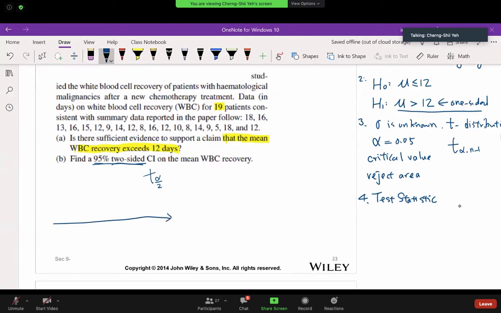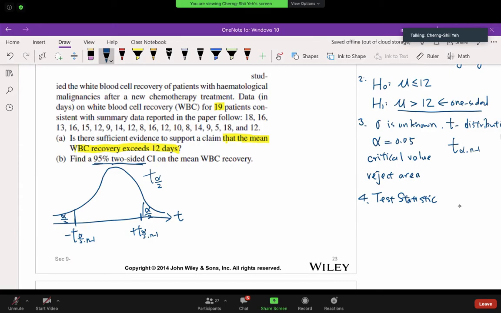So this is my t. That's my lower bound. That's my upper bound. The probability here is alpha over 2. So we can derive a lower bound and upper bound. So this part is my negative t, alpha over 2, n minus 1. Here is my positive t, alpha over 2, n minus 1.